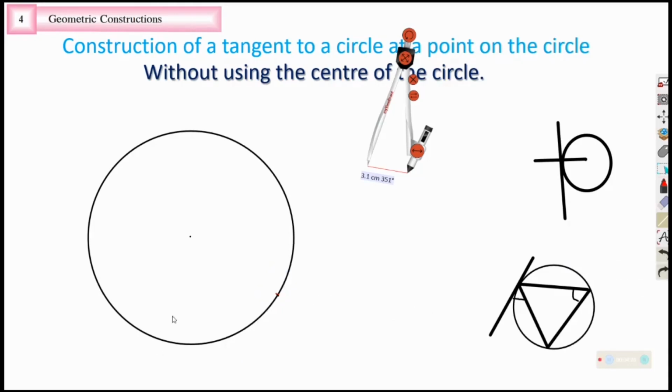Now the method is that first you have to draw, this point is given, from that point draw a chord. एक chord बना दिया. Right? You have drawn a chord. This is a point C through which I would like to draw a tangent.